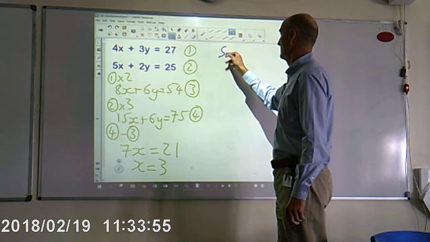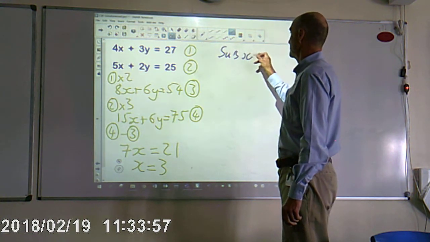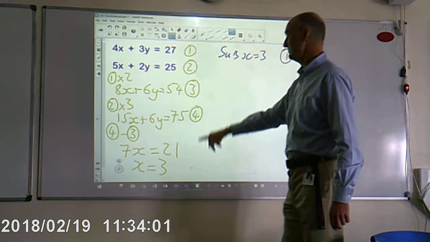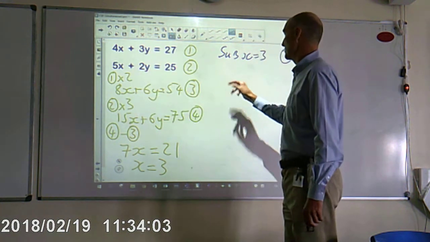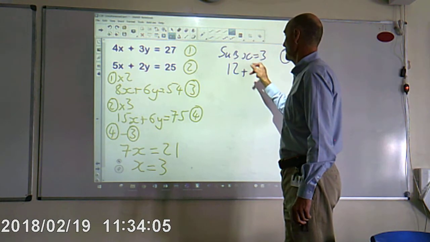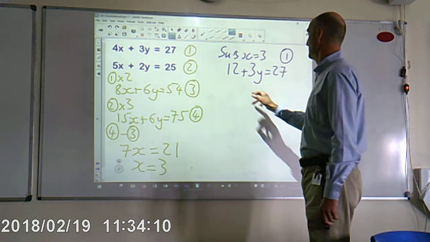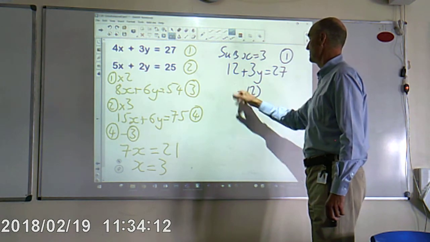So sub x equals 3 into equation 1. 3 times 4 is 12, plus 3y equals 27, minus 12 both sides.